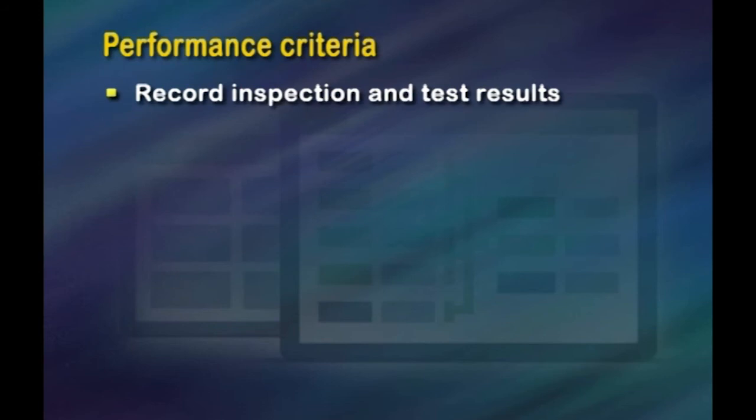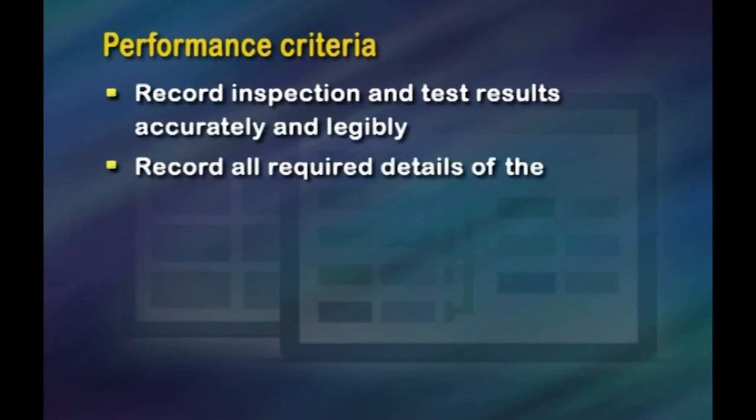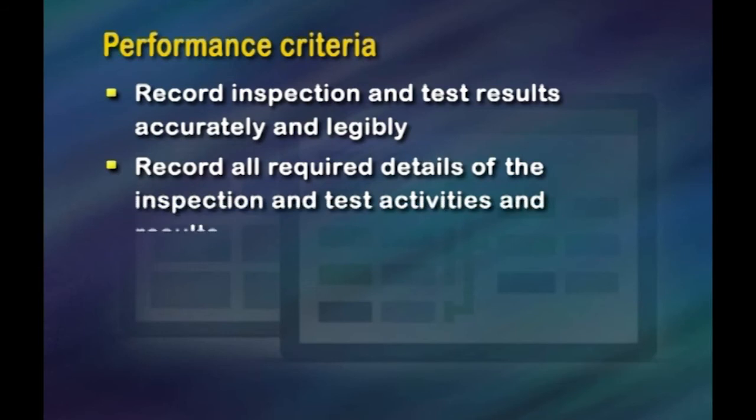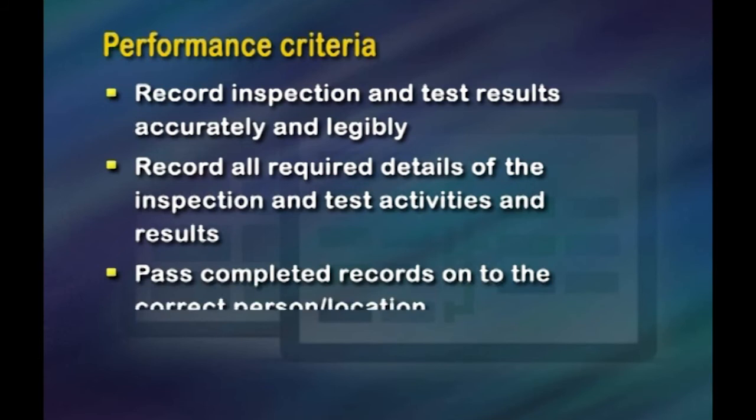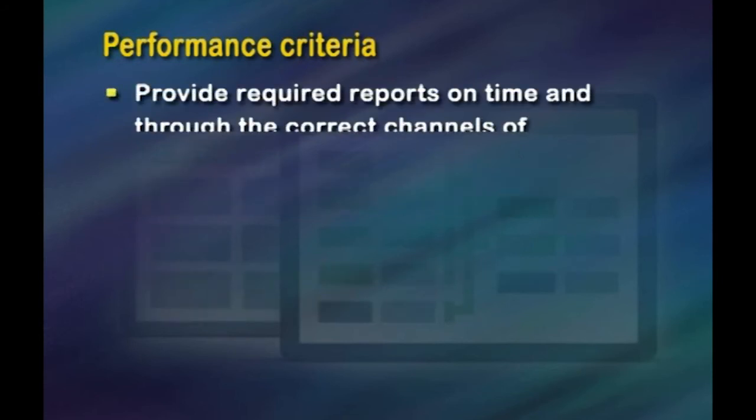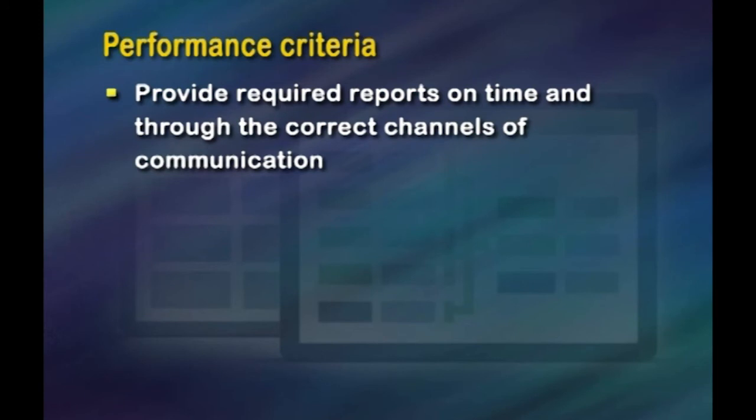Record inspection and test results accurately and legibly. Record all required details of the inspection and test activities and results. Pass completed records on to the correct person or location. Provide required reports on time and through the correct channels of communication.